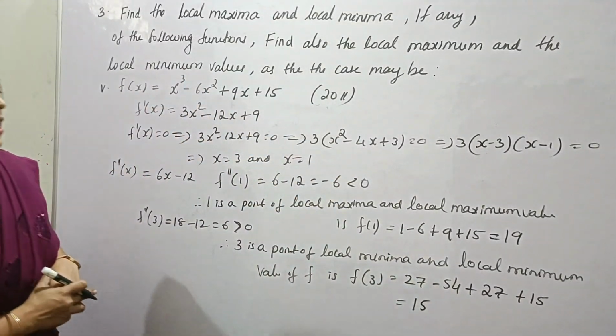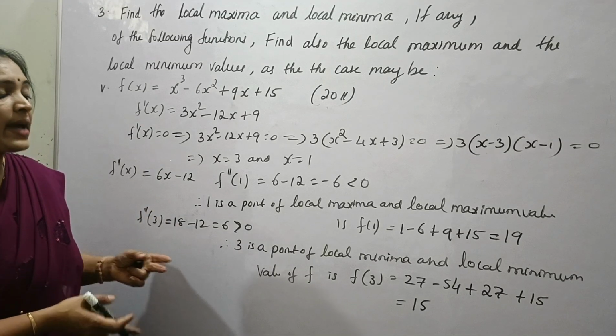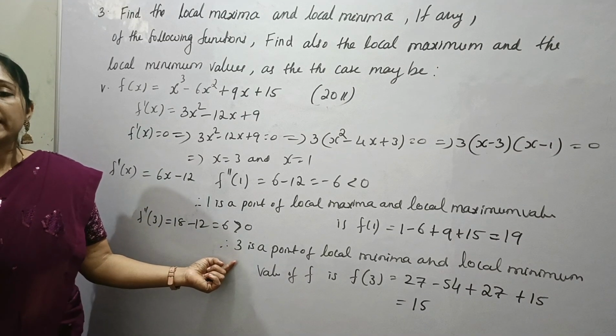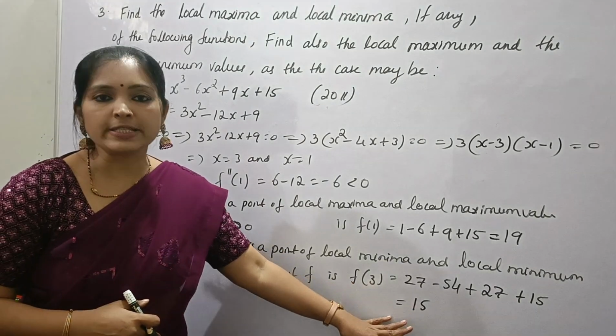Okay, so here local minimum value is 15 and this function has a local minima at x is equal to 3. That is, 3 is a point of local minima and local minimum value of the function is 15.